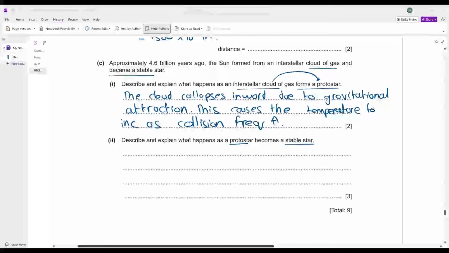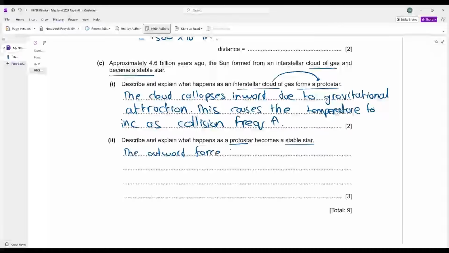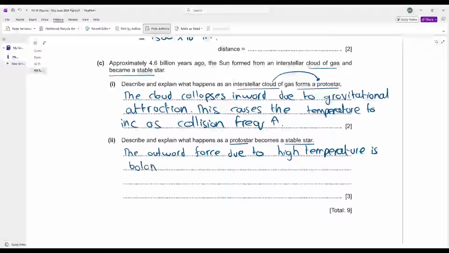The outward force due to high temperature is balanced by inward gravitational force, causing the star to be stable.